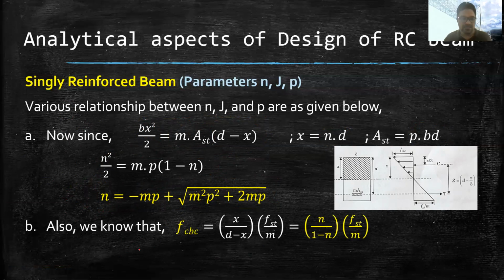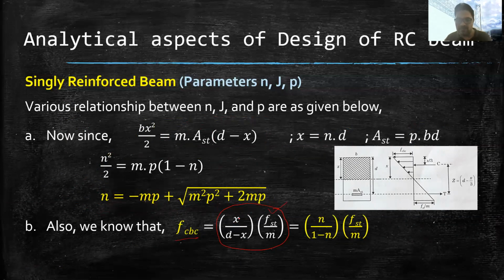Similarly, in another relation, we know that fcbc can be found by using this, which we have just seen in the previous part. Here we try to find fcbc by using the similar triangle property, and in that we use the ratio x by d minus x.